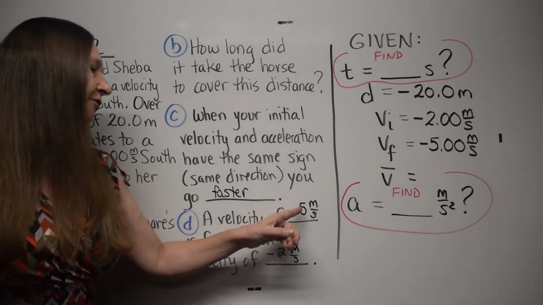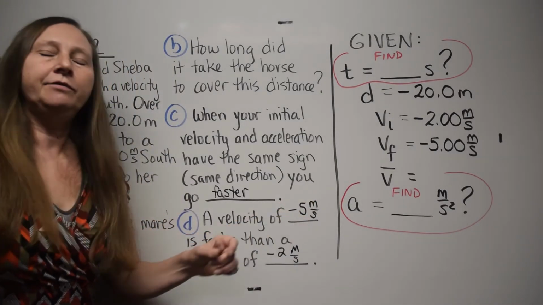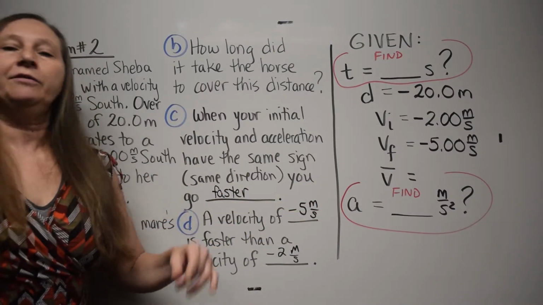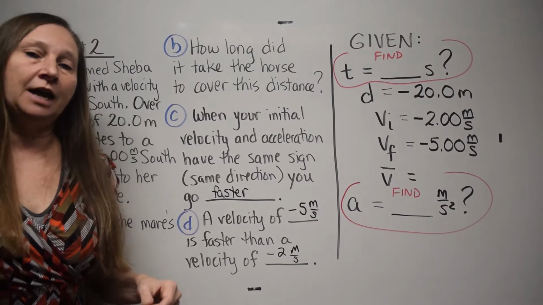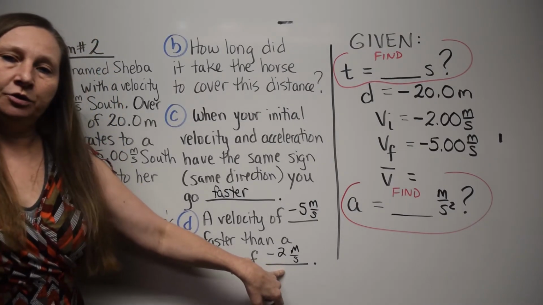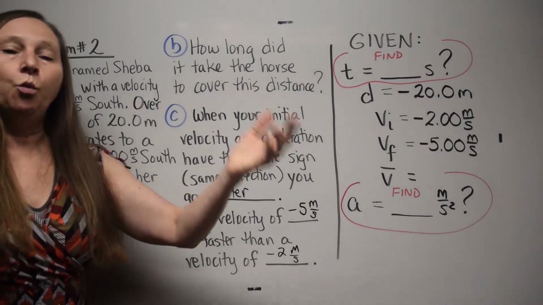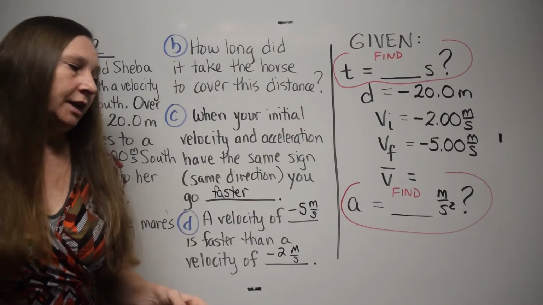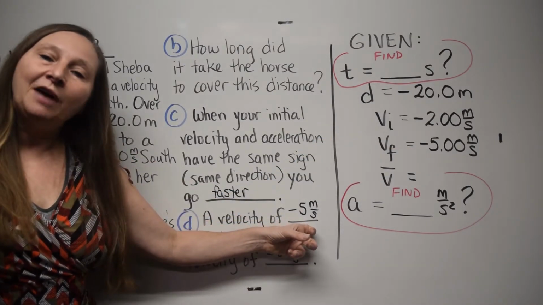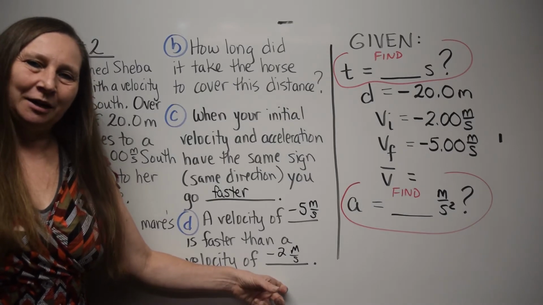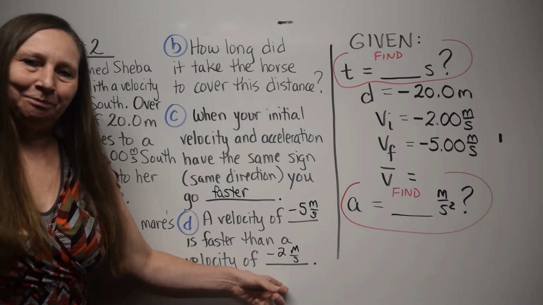If you're going 5 meters south every second, after 2 seconds you've gone 10 meters south, etc. If you're only going 2 meters per second south, after 1 second you've gone 2 meters, after 2 seconds you've gone 4 meters south. Clearly negative 5 meters per second is faster than negative 2 meters per second. Just keep that in mind.